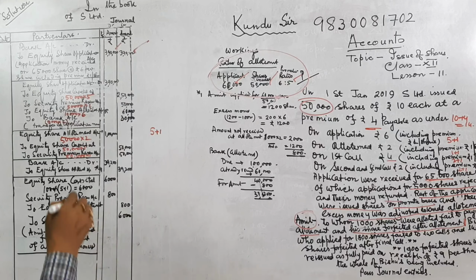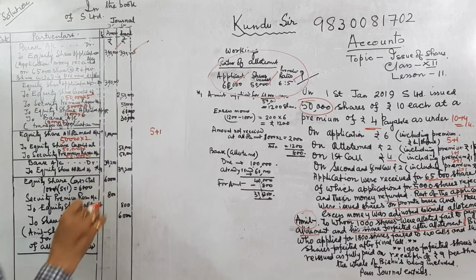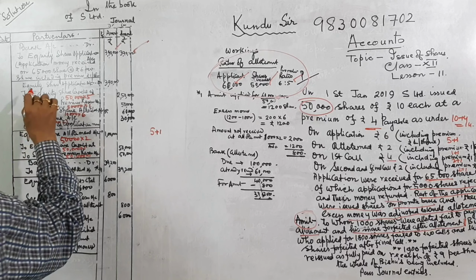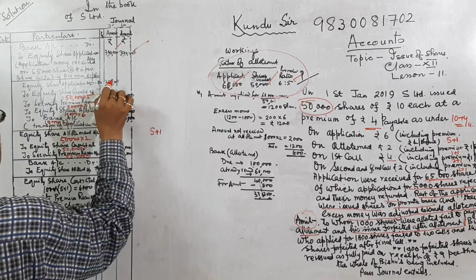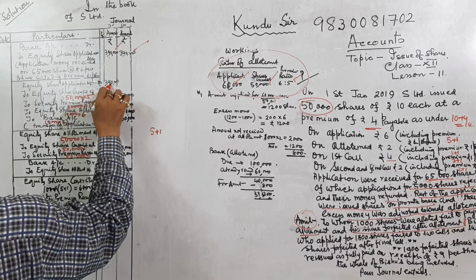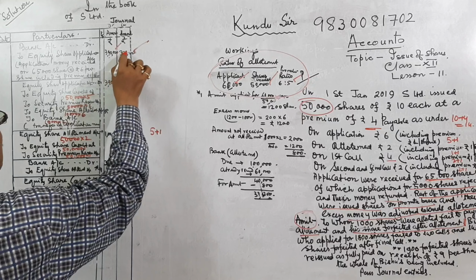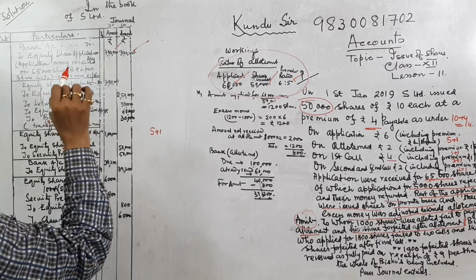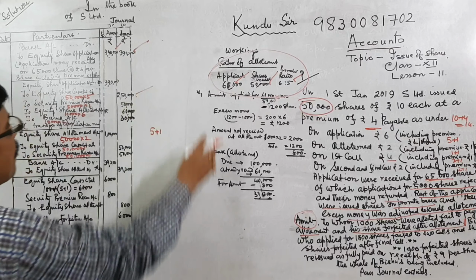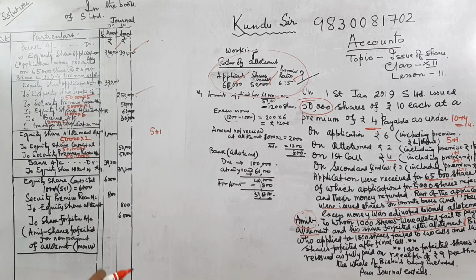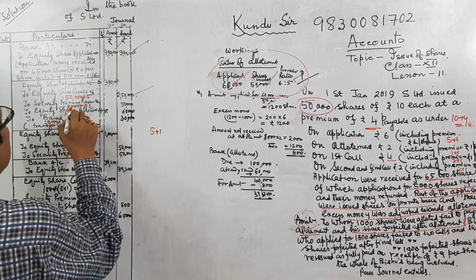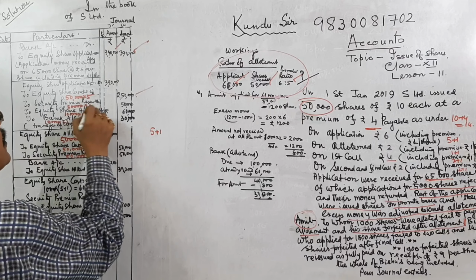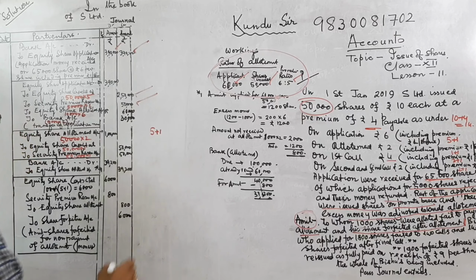The first entry: bank account debit to equity share application account for the whole 65,000. Thereafter, equity share application account debit 3,90,000. We are transferring the capital, 50,000 into 5, 2,50,000 to share capital, and 50,000 into 1, 50,000 to security premium reserve account.